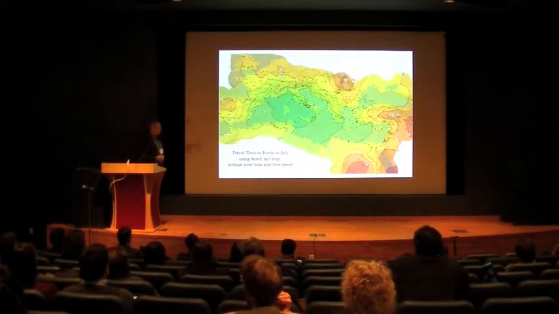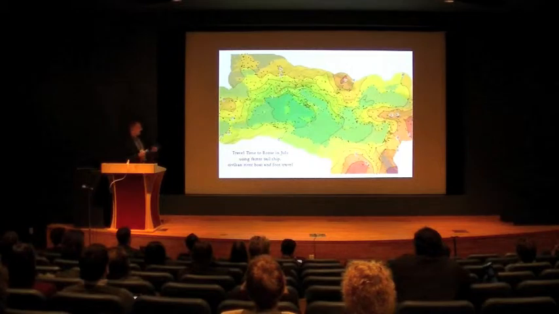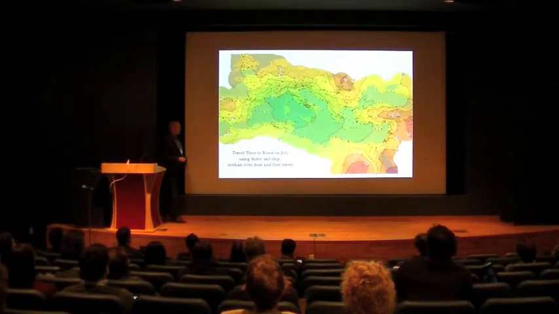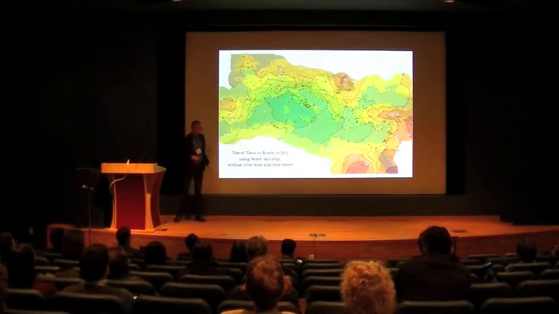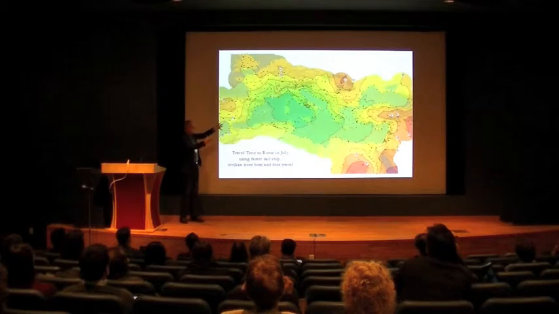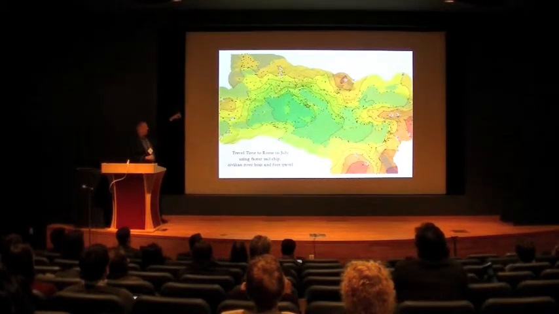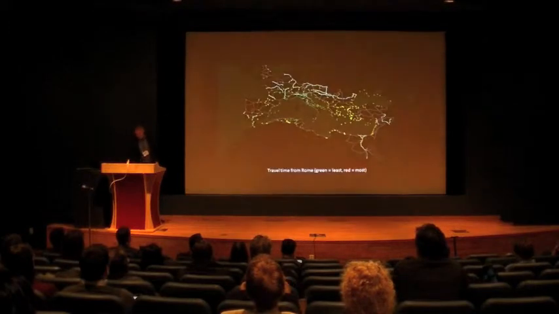And you can visualize it in different ways. This is the travel time from any of the 750 sites to the city of Rome in the summer using certain means of transportation. And each of these zones stands for, I think, 1 week of travel time. So the greener the area is, the less time it takes to get to the city of Rome, and the red ones are really far away, which is not very surprising.